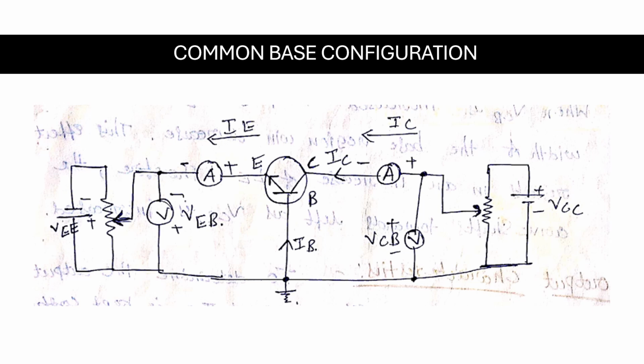At the same time, we observe whether there are any changes in IE by varying VCC. Previously we kept VCC at 0, now we keep VCC at some volts. Like that, VCC increases and is kept constant, then change VEB and observe IE. Those are the input characteristics.